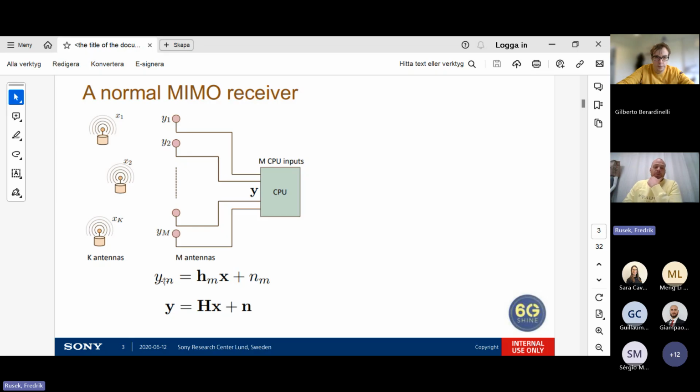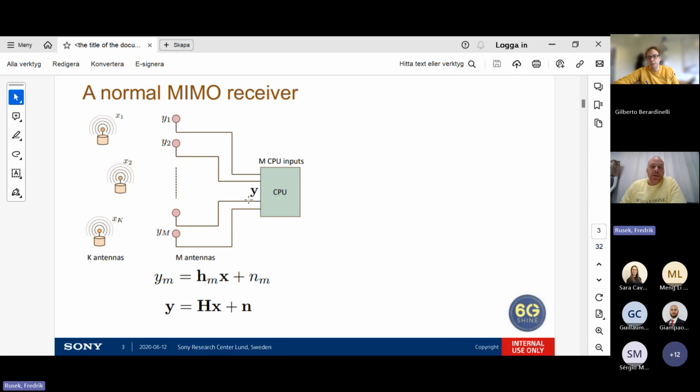So the mth observation can be expressed like this. X is whatever the users are transmitting, and h_m is the channel vector from all of these users to the mth antenna. The simplest receiver, the normal one, is that you take your observation, if you are an antenna, and you pass it on to a CPU.